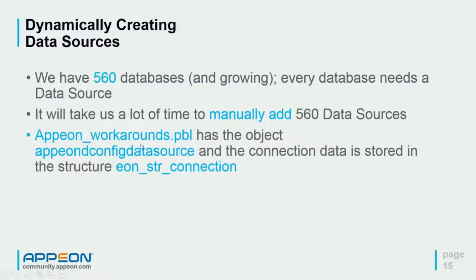So Appeon Workarounds PBL has the object Appeon dconfig data source. This object will help us to create the data sources dynamically. And this connection data needs to be stored in the structure Eon str connection.